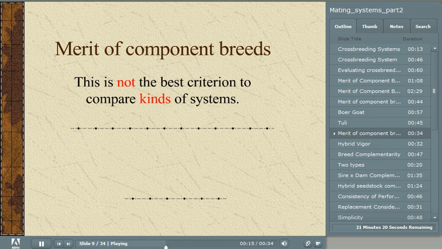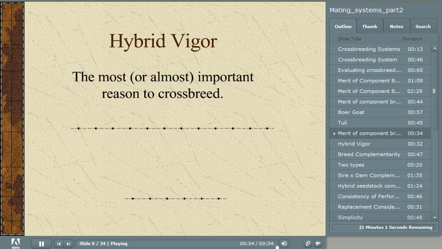So from here on out, we're going to assume you have the tools to actually make a good decision on the breeds you want to use in your crossbreeding system, and focus on the things that really vary between different systems. But again, to have a successful crossbreeding program, choosing the right breeds to go into that program is essential.